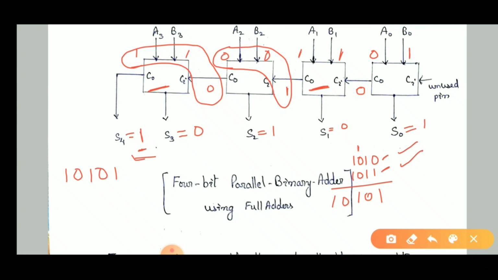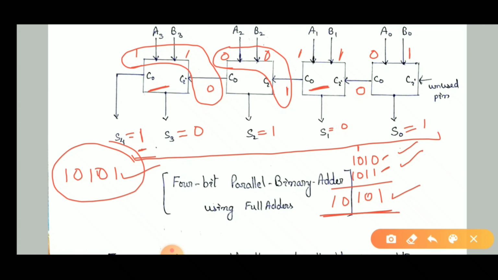That means you have to write all these bits together like this. Mathematically we are getting like this, and by using the circuit we are getting like this. That means we have verified this mathematical expression by using these full adders.